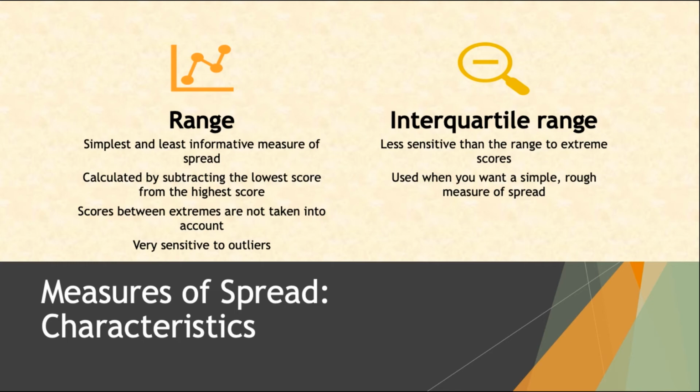When you conduct an experiment, it is extremely unlikely that your subjects will all produce the same score in your dependent measure. A measure of spread provides information that helps you to interpret your data.